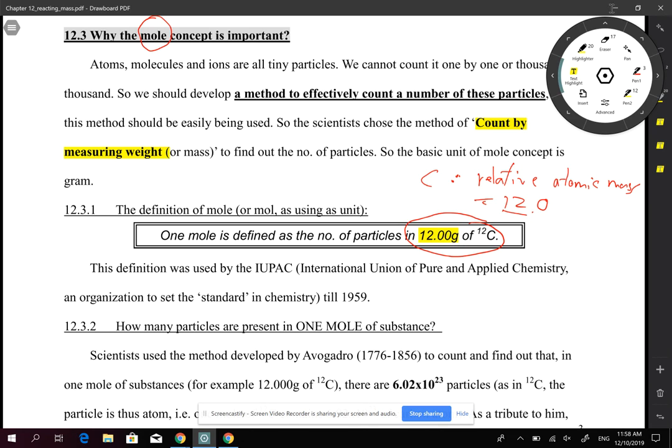The difference is relative atomic mass 12.0, 1 mole 12.0 gram. 多咗乜嘢？多咗 gram，其實就係多咗 gram 啫。一個用重量，上面嗰個都係重量12.0，不過有冇單位？No unit.